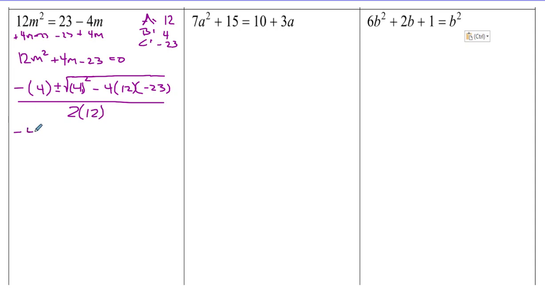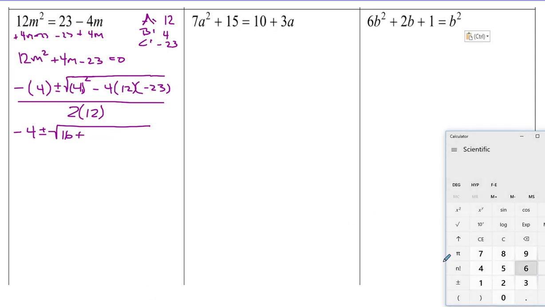Alright, this is going to change to a negative 4. We got a plus or minus. I'm going to have a 4 squared, which is a 16. I got a minus and a minus, so I know I'm going to need a plus. And I'm going to use my calculator here because these are some big numbers.